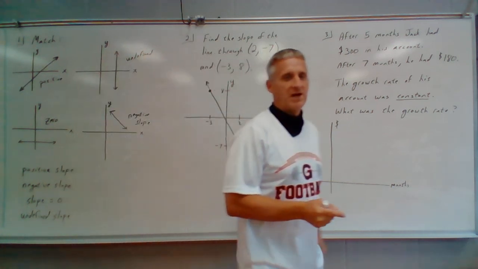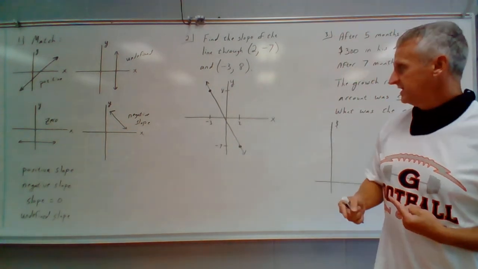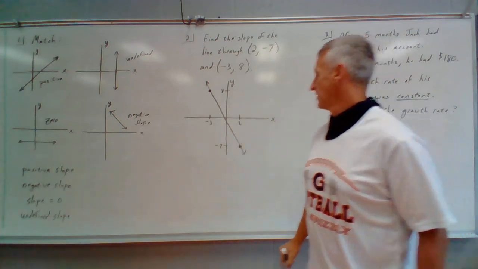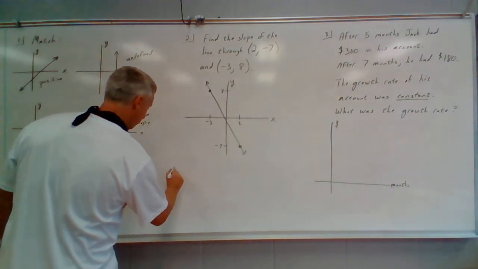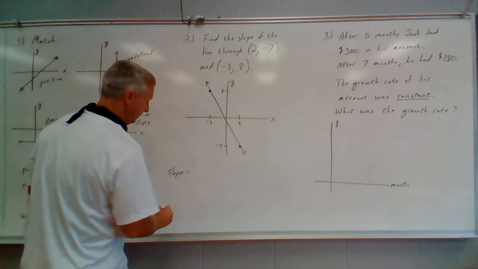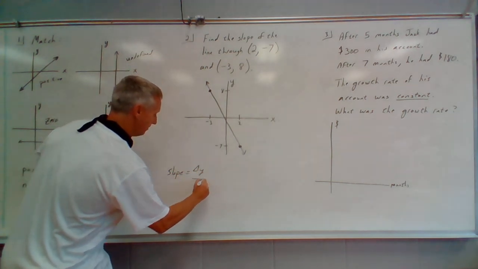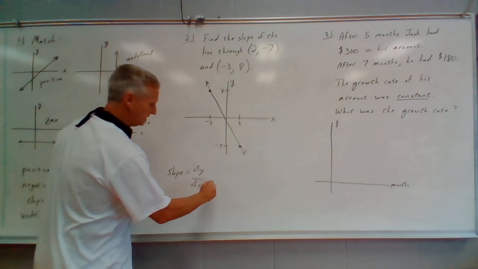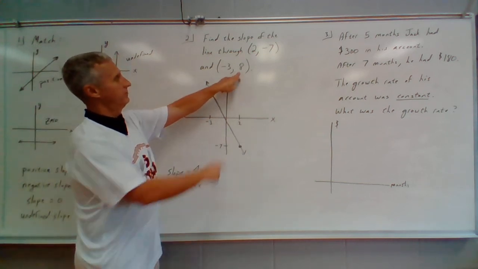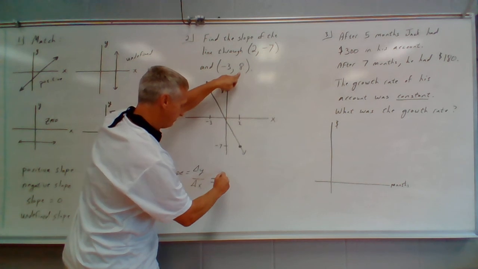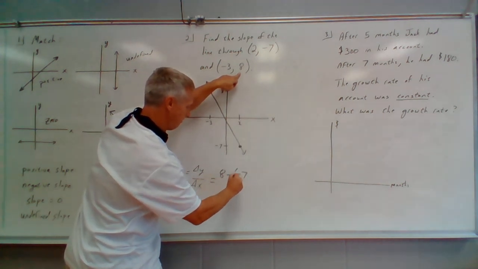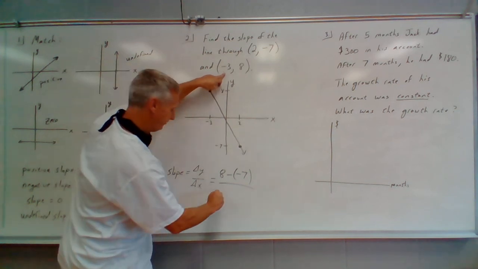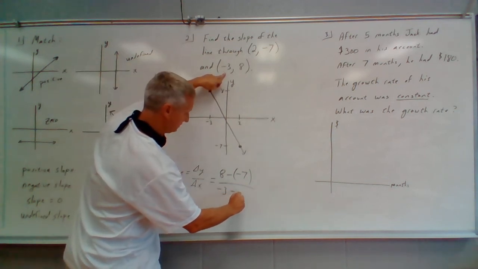All right, so the first question to ask, will my slope be positive or negative? It's going to be negative, so make sure the answer is negative. So slope is the change in y over the change in x. So my change in y would be 8 minus negative 7 over change in x, that would be negative 3 minus 2.